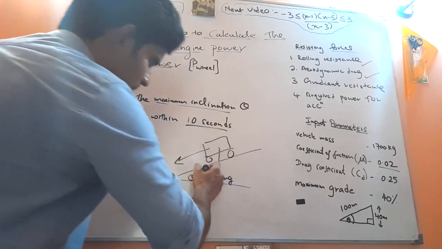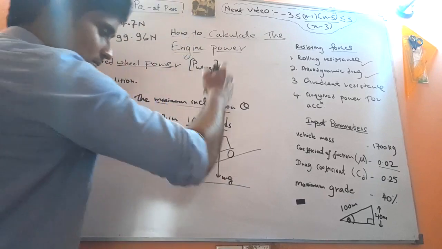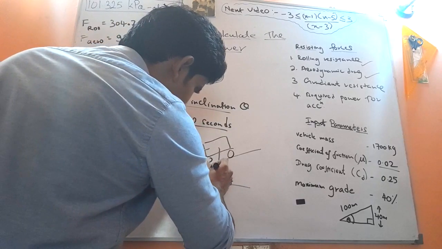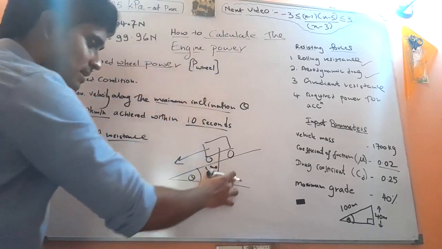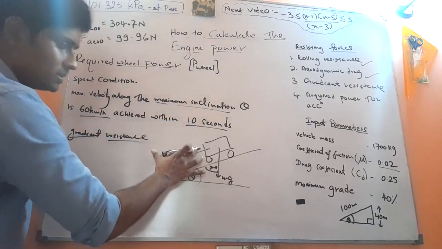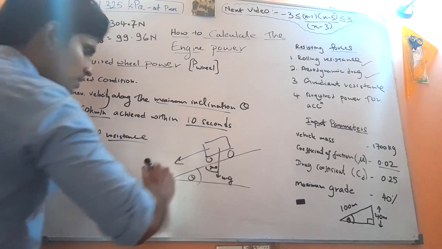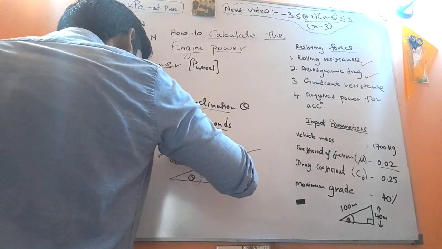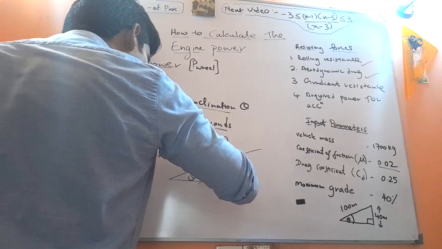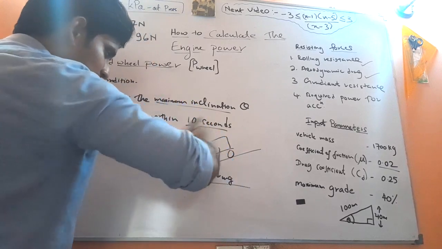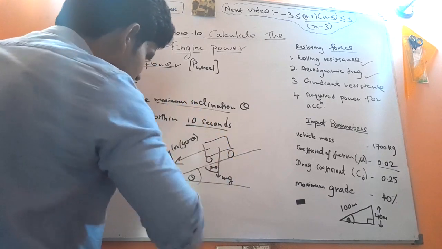So what is the angle here? 90 minus theta. So what is the weight component? mg cos 90 minus theta. This is mg, so we consider the cos component. So what is cos 90 minus theta? Sin theta, right?